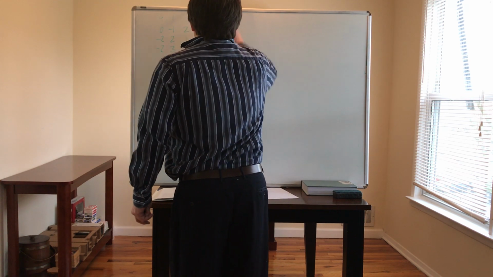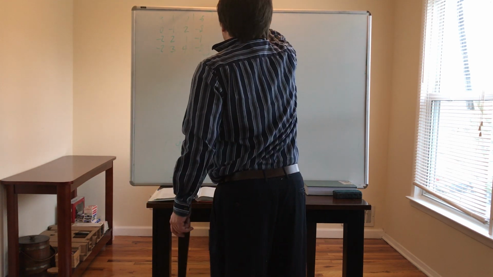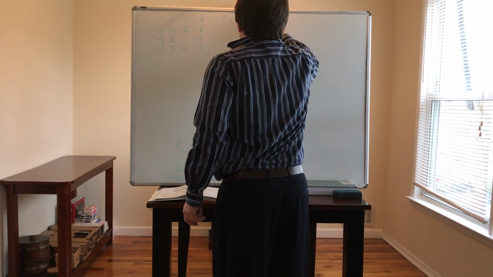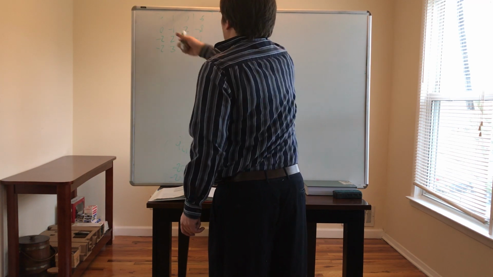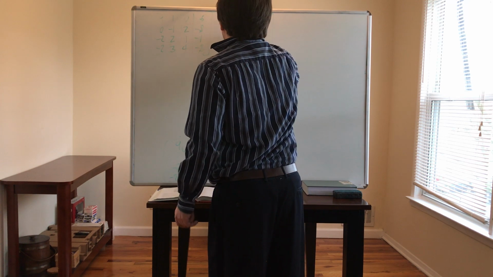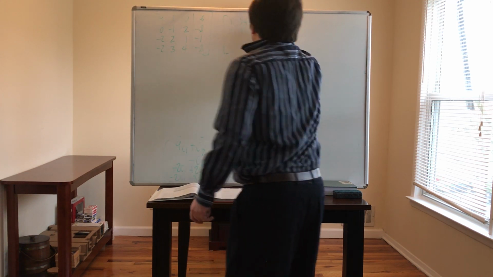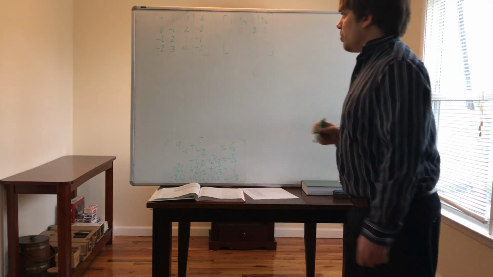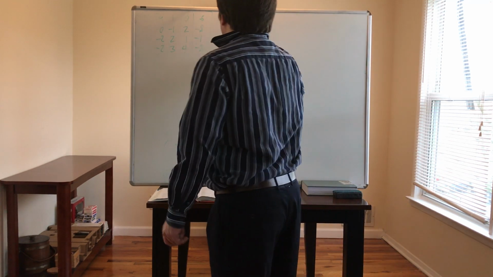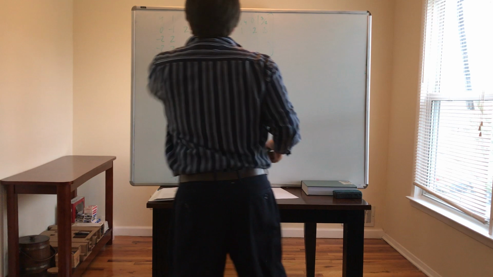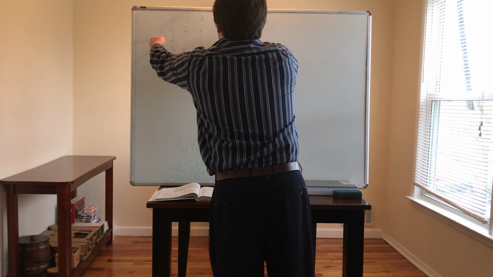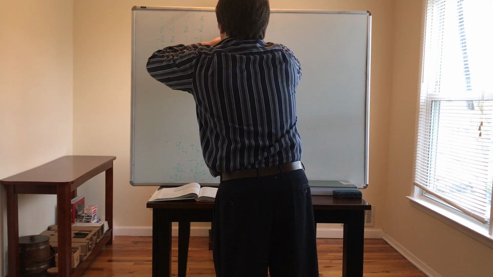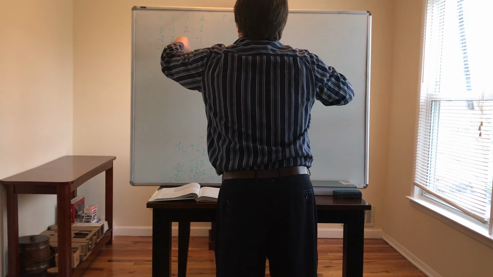All right, I'm going to multiply the first row by 1/4. Second row, I'm going to multiply by negative 1. The third row, I'm going to take 2 times this row and add it to that one. So 1/2, 5 halves.